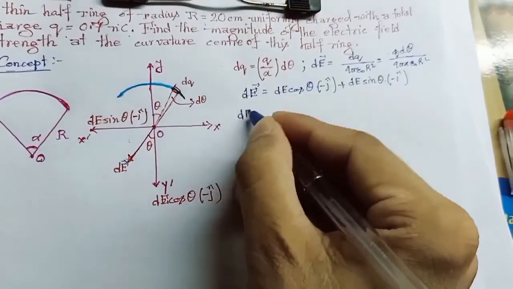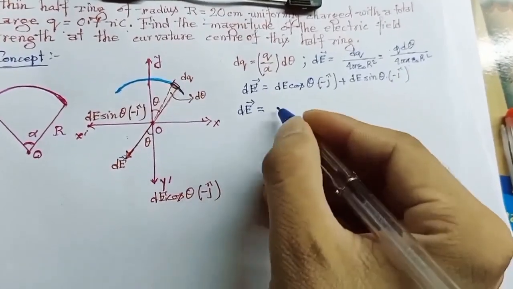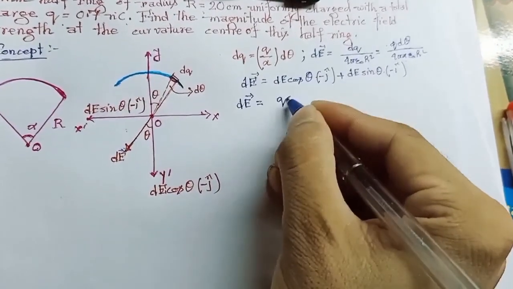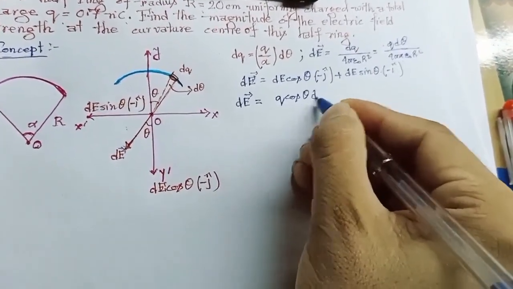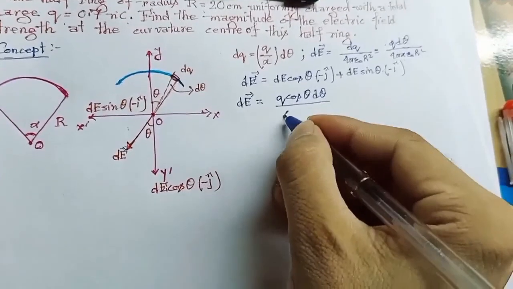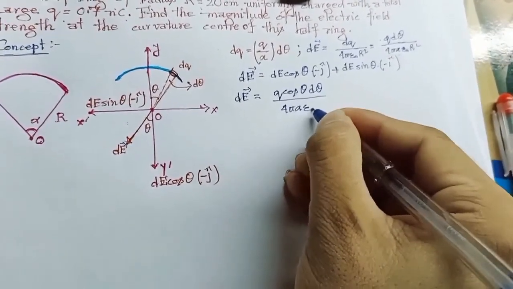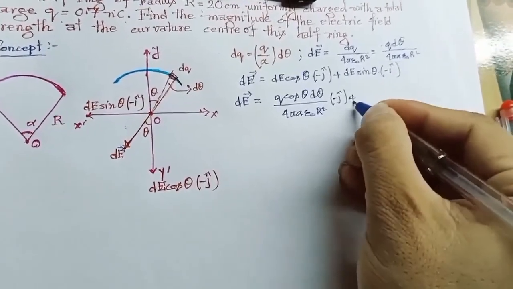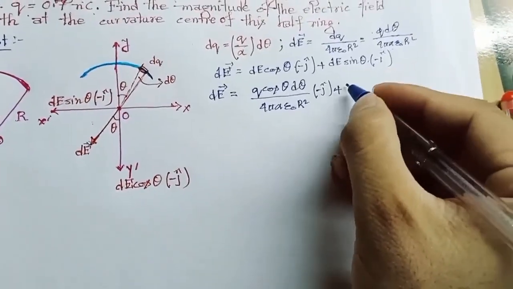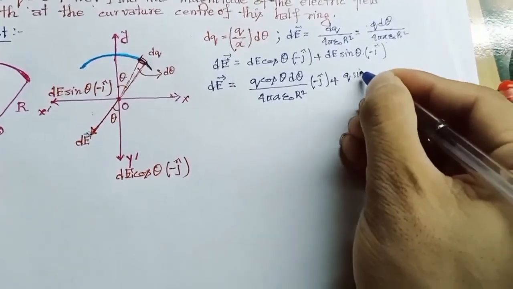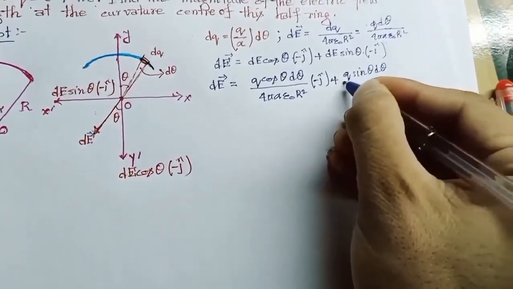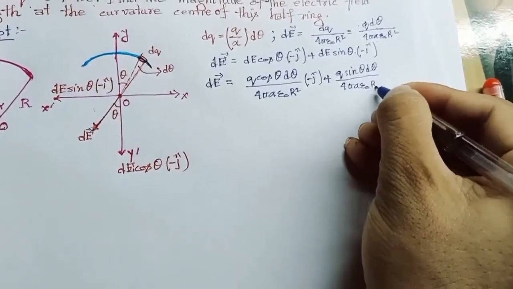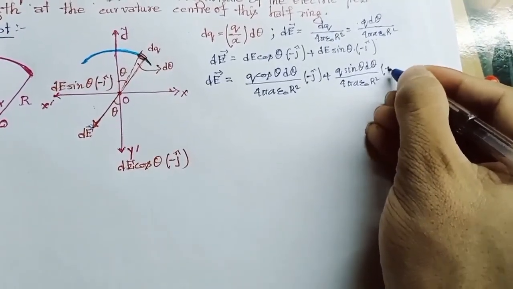So our dE vector will be equal to q cos theta d theta divided by 4 pi alpha epsilon naught r square, and its direction is minus j cap, plus another component equal to q sin theta d theta divided by 4 pi alpha epsilon naught r square, and its direction is minus i cap.